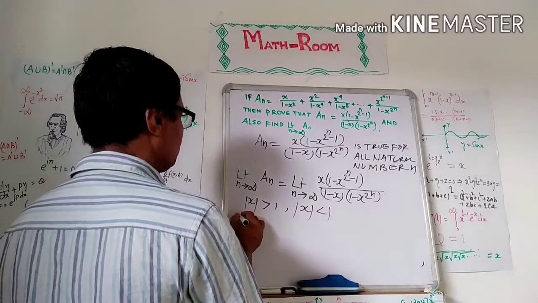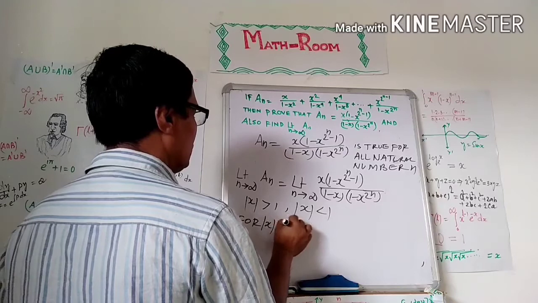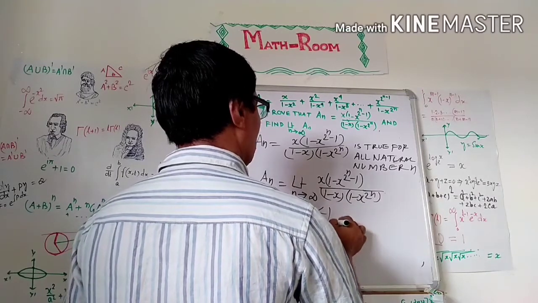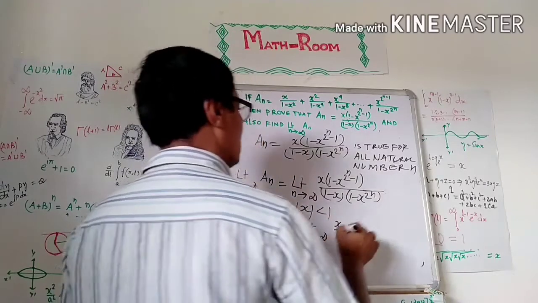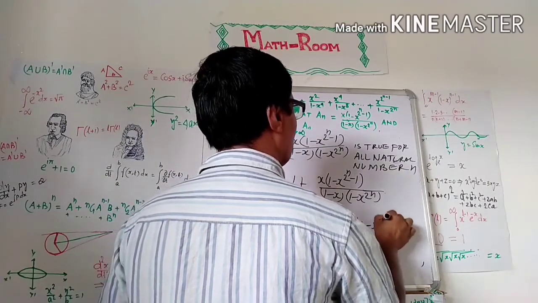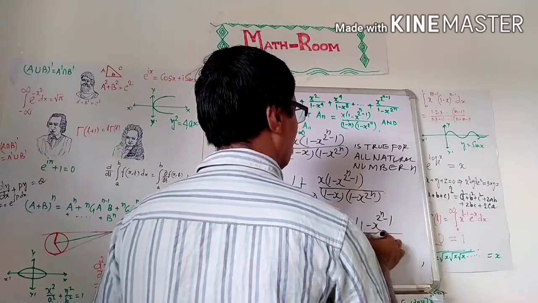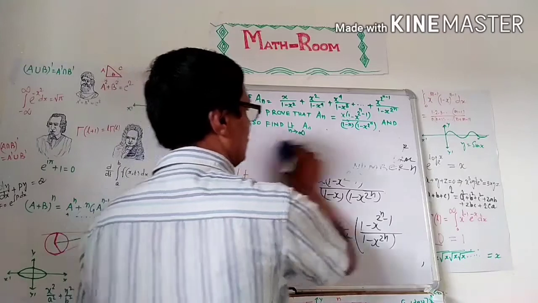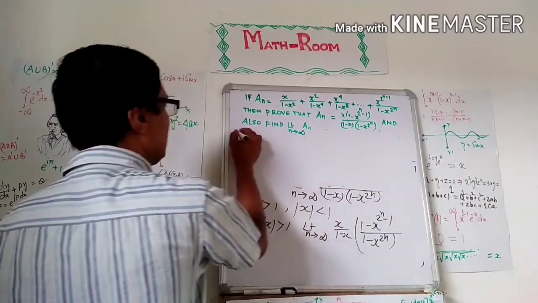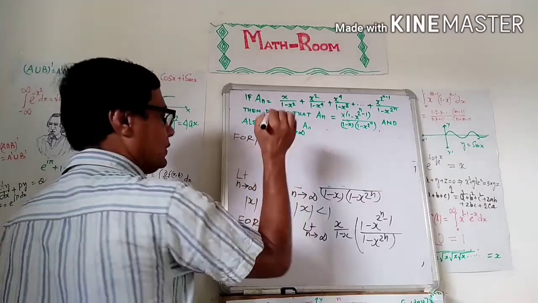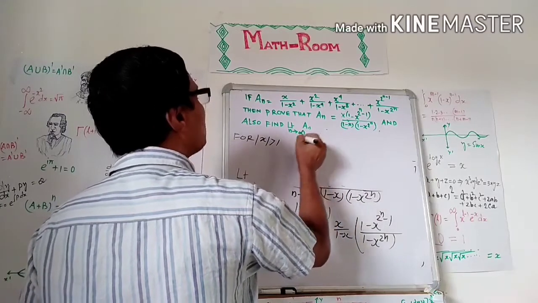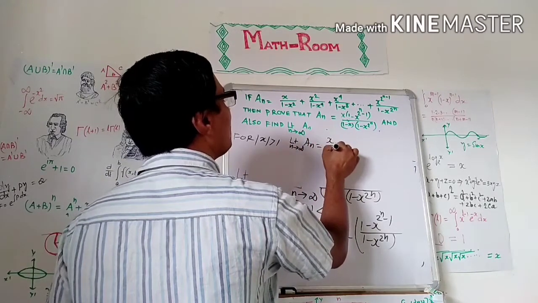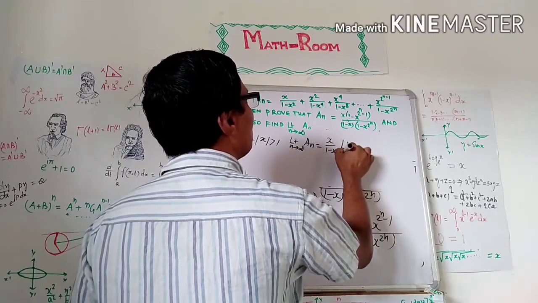For mod x greater than 1, limit n tends to infinity of the expression equals x over 1 minus x into (1 minus x to the power 2 to the power n minus 1) over (1 minus x to the power 2 to the power n).